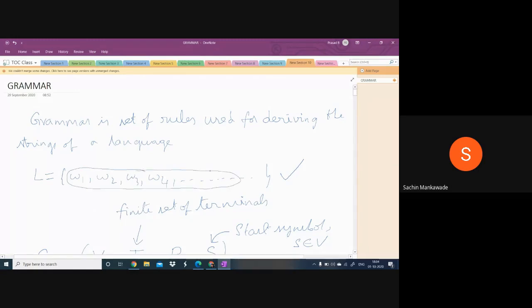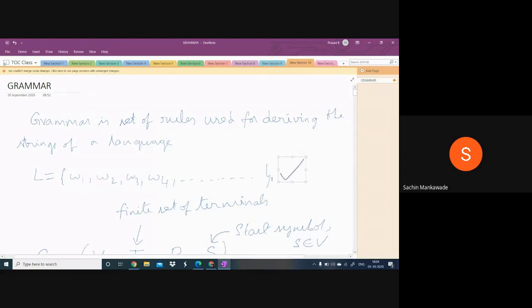Those rules we call a grammar. A grammar is a set of rules used for deriving the strings of a language.